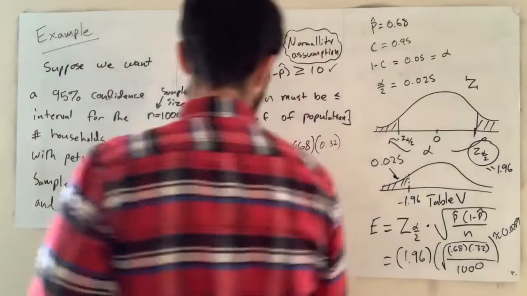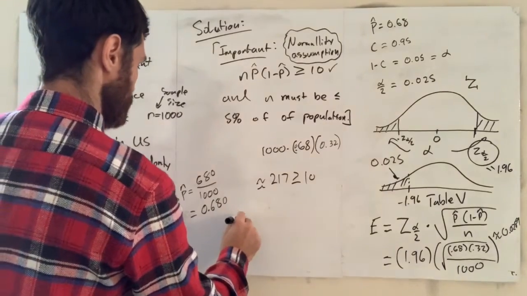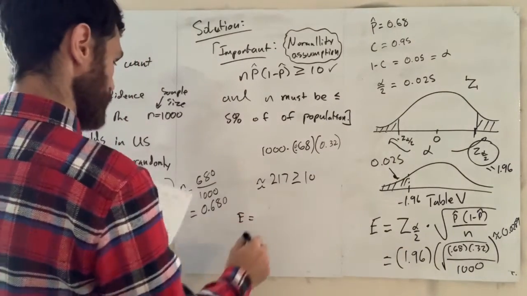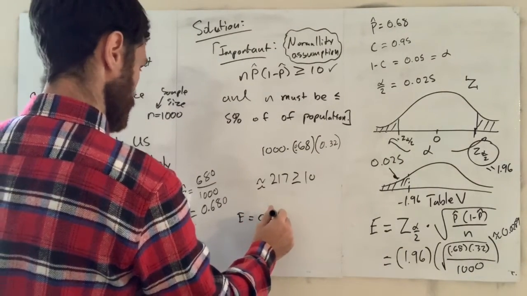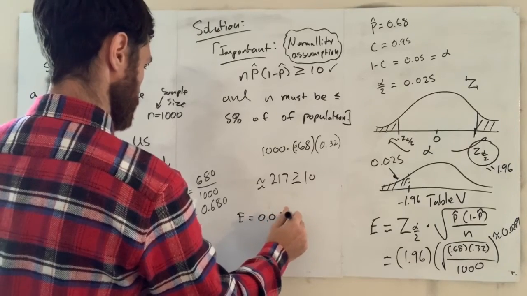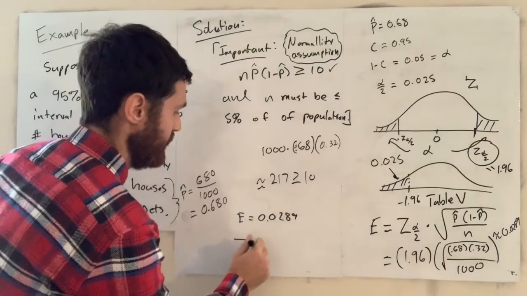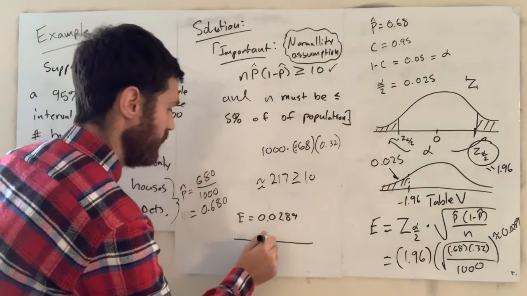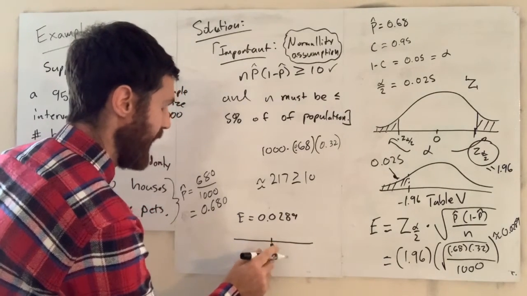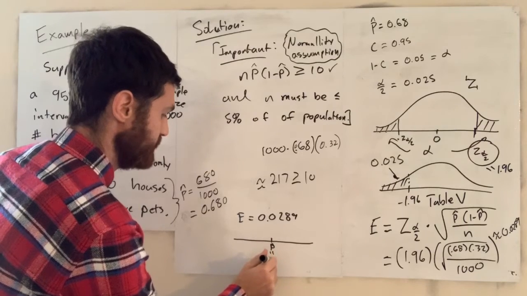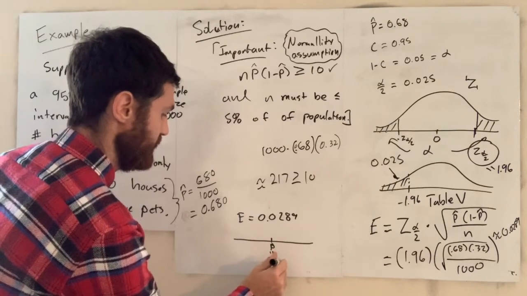And so my error term is going to be 0.0289. And so if I'm looking at my interval and I want the confidence interval, this is going to be my p hat. This is going to be my guess, 0.68.